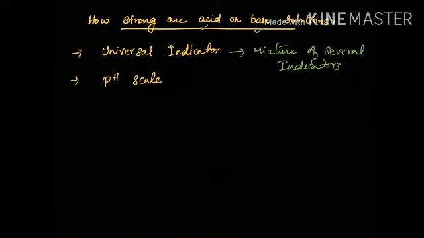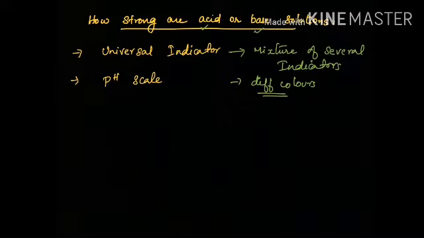It will show different colors for the strength of the acid or a base. That means if it is a weak acid, it will show a particular color. Depending upon the strength of the acid or a base, it will show different colors.